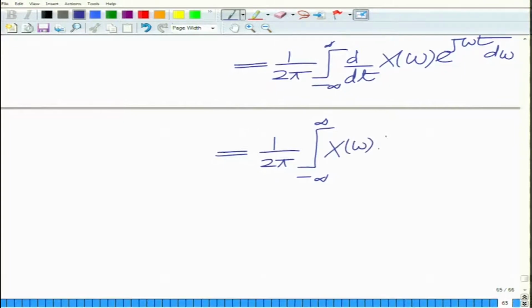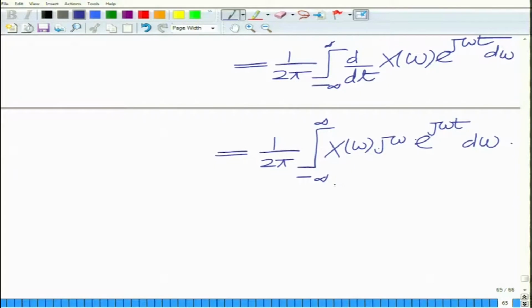which is nothing but 1 over 2 pi, integral from minus infinity to infinity of X(omega) times the derivative of e raised to j omega t with respect to t, which is j omega times e raised to j omega t, d omega.